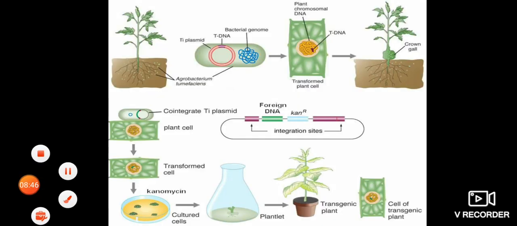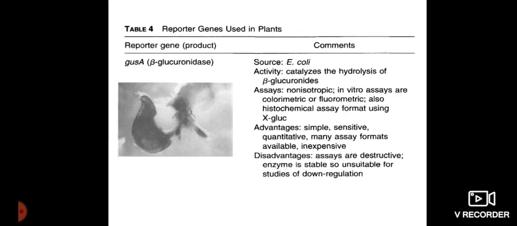Now, in order to identify whether the gene of interest has got transferred into the plant system or not, people use some reporter genes, meaning in order to say whether our target protein is being synthesized or not, or whether that particular transfer is achieved properly or not.